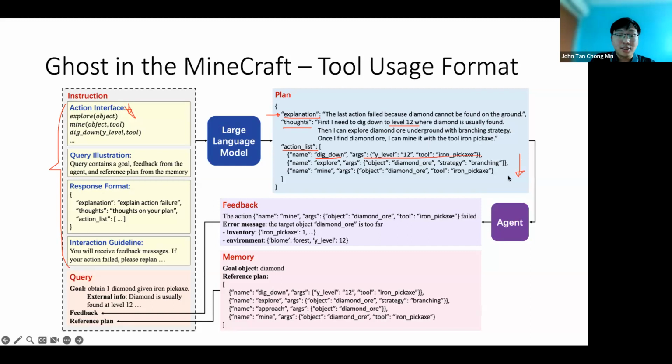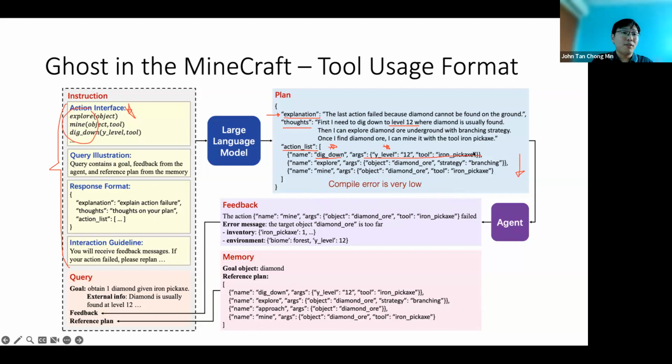So if we do this, can you see that the chance of a compile error is very low? Because if you just do a sequence of functions with predefined arguments, the chance of it failing is low, because for one, the name of the function will always work. This is part of your action here. The arguments also will always work, because GPT is able to infer what the arguments are quite well from the context.